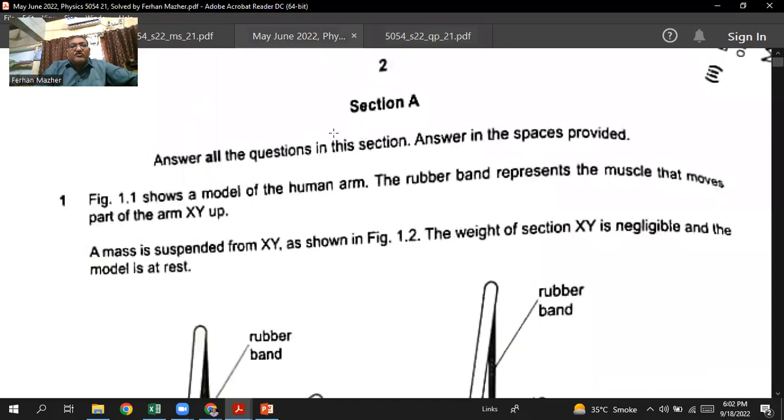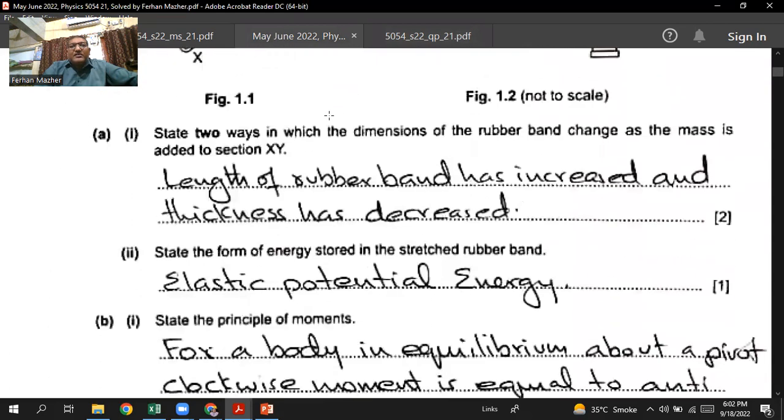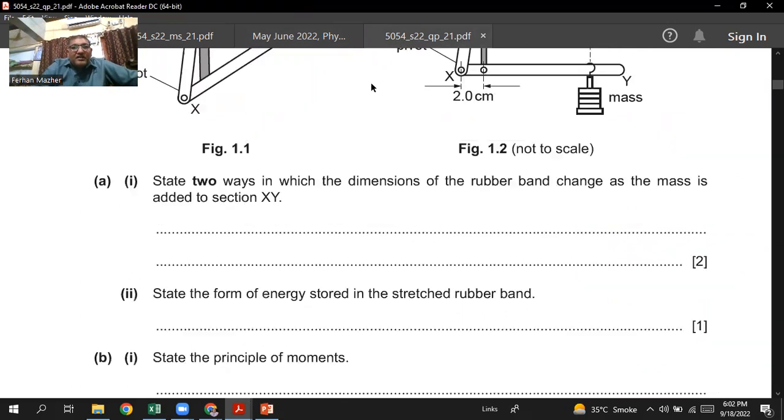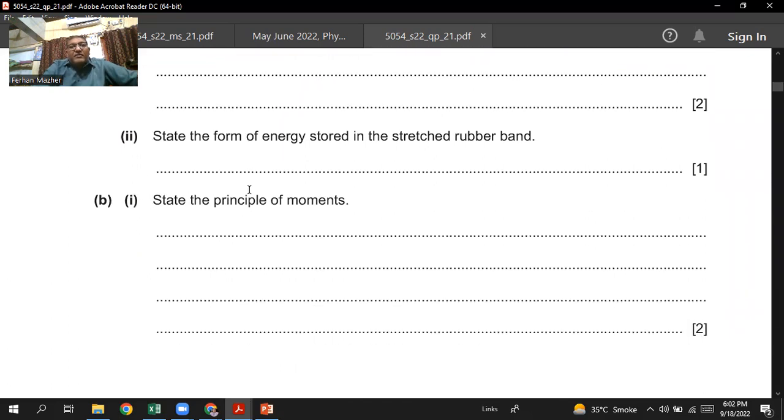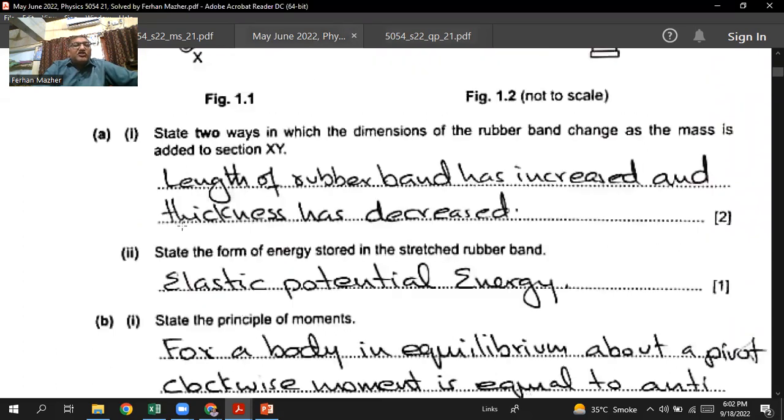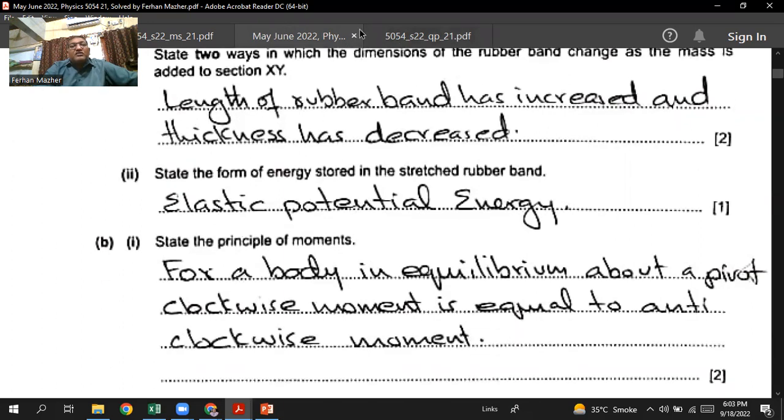So it's a 2 marks question. Let me show you my answer. Length of the rubber band has increased and the thickness has decreased. Next is, state the form of energy stored in the stretched rubber band. When you stretch a rubber band, elastic potential energy is stored in the rubber band. So elastic potential energy. It's a 1 mark question.